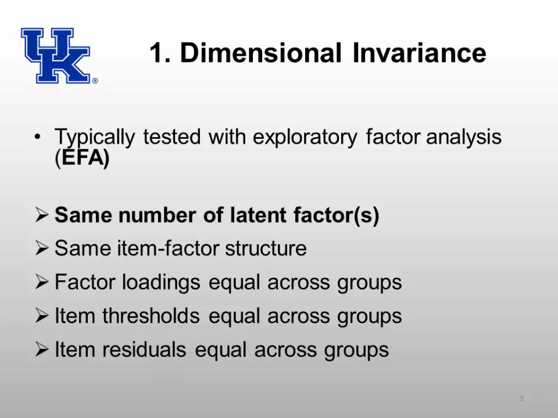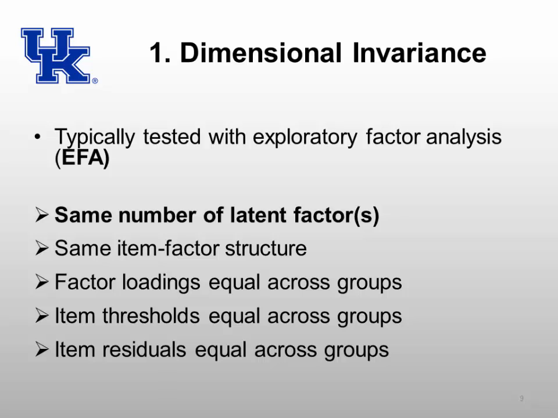So does my one group have a language factor, as well as does my second group have items with a language factor? It's basically what factors are present. What's the factor structure for my scale? So typically, again, this is done with exploratory factor analysis. We look at how many factors are in our scale. For the example that we're talking about today, we simply have 1 factor, language, and 4 items.